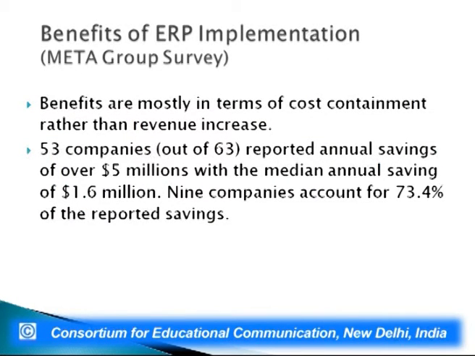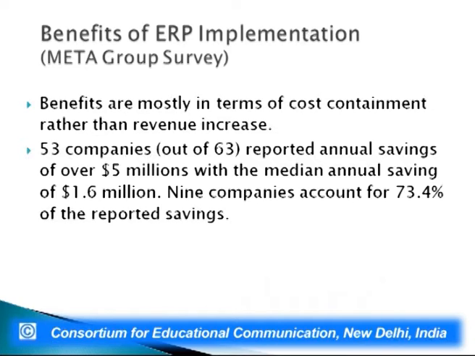The benefits of ERP implementation, from the Meta Group survey which I have given, are mostly in terms of cost containment rather than revenue increase. 53 companies out of 63 reported annual savings of over $5 million with a median annual saving of $1.6 million. 9 companies account for 73.4% of the reported savings.